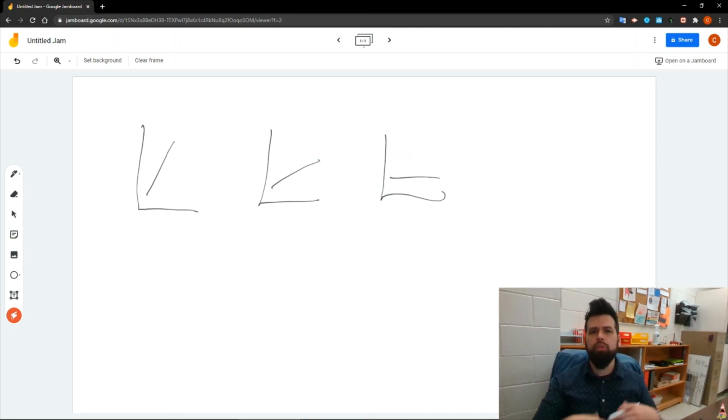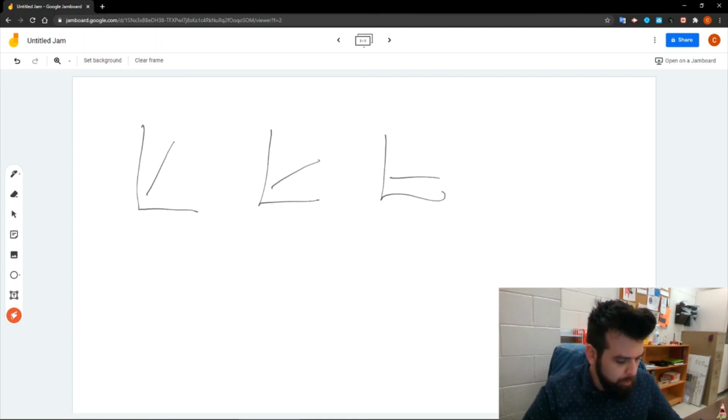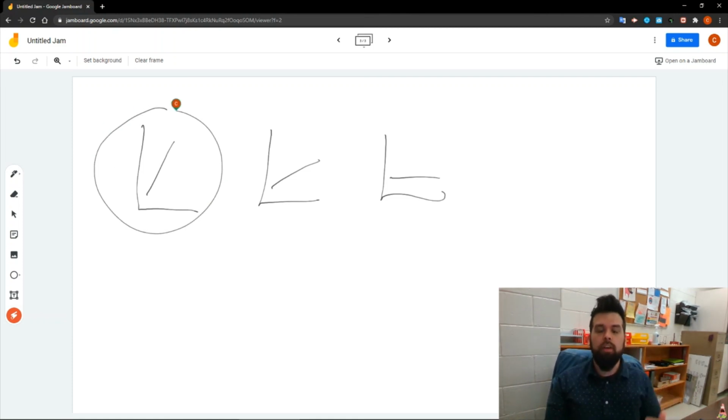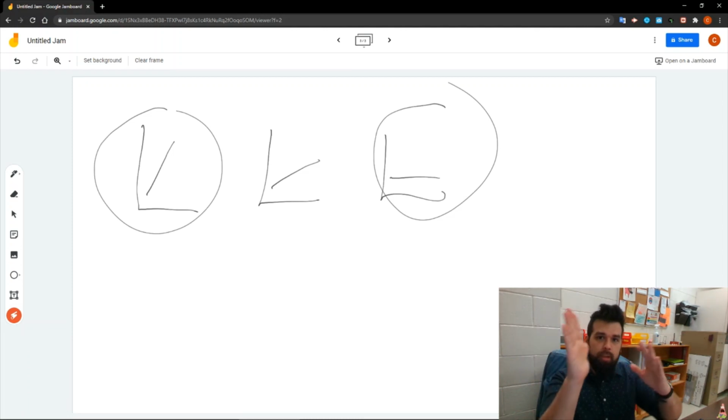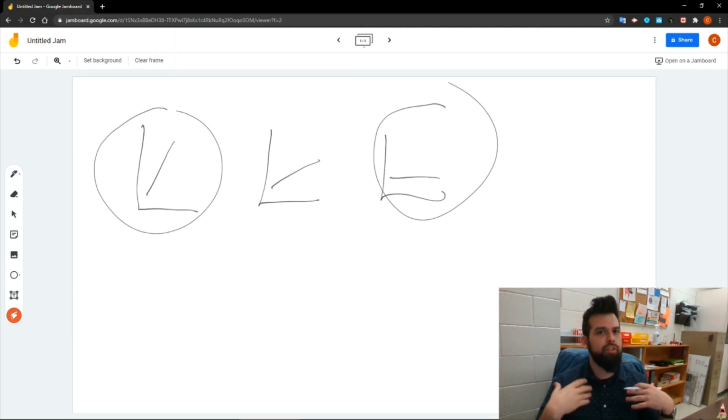And I asked you, which one is fastest? Well, it would be this one because it's the steepest one. Which one is slowest? Well, it's this one because, well, that one's pretty much flat. It's not moving at all. So the steeper it is, the faster it goes. It's a pretty straightforward concept, hopefully.